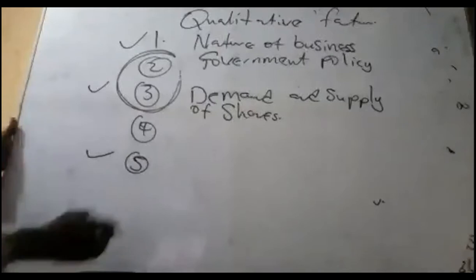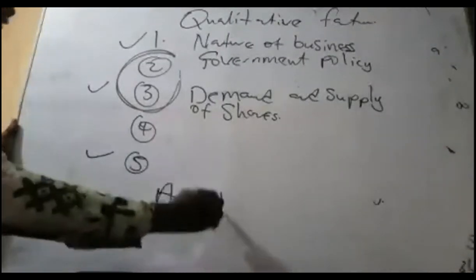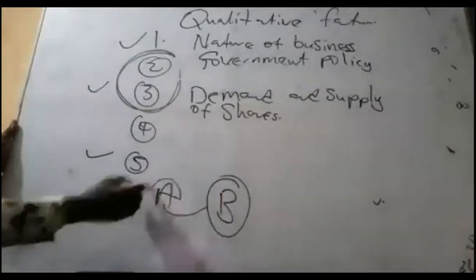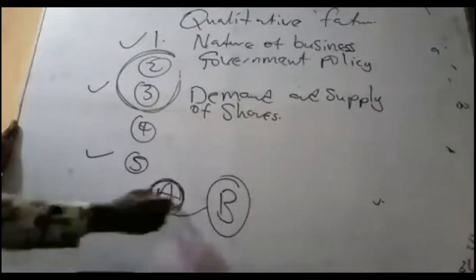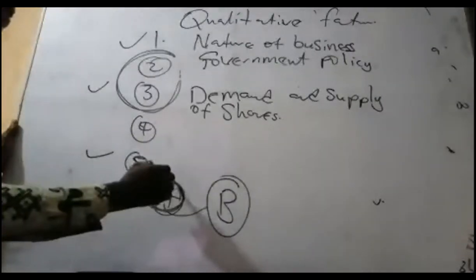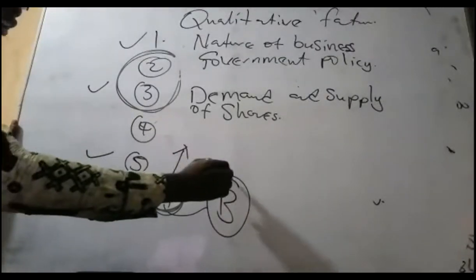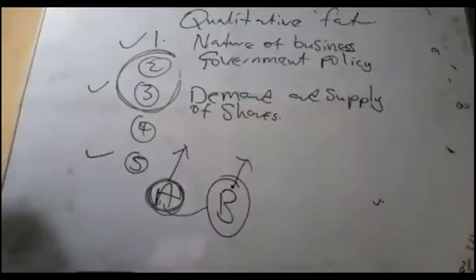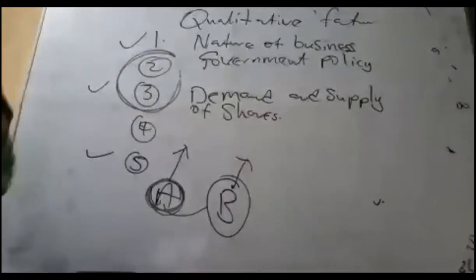So let's assume that you have a company A and a company B. The value of company B is pegged against item A. So if this item moves up, that guy also moves up or moves down. That is it. So we call it the yield of other related shares in the stock market.